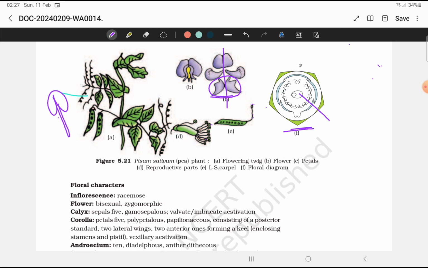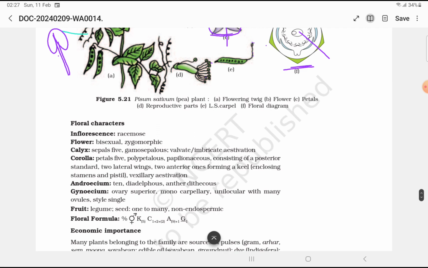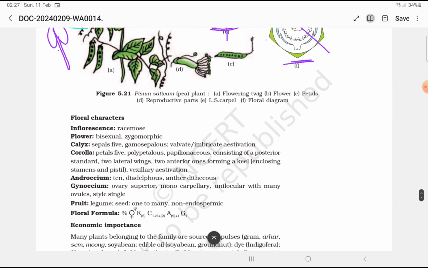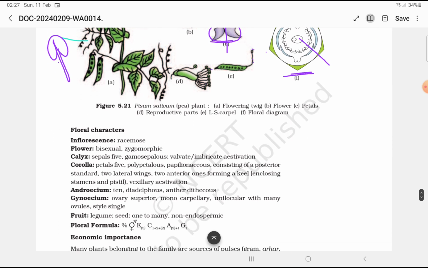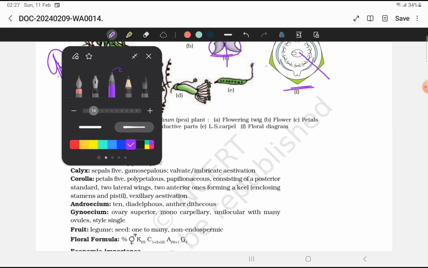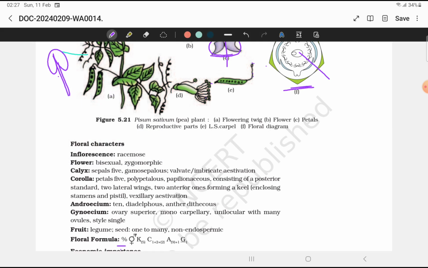Okay, and then fruit legume, many, and floral formula: you can see this is zygomorphic, bisexual, male and female. Calyx 5, here it is mentioned as gamosepalous, so the 5 is placed within the bracket.